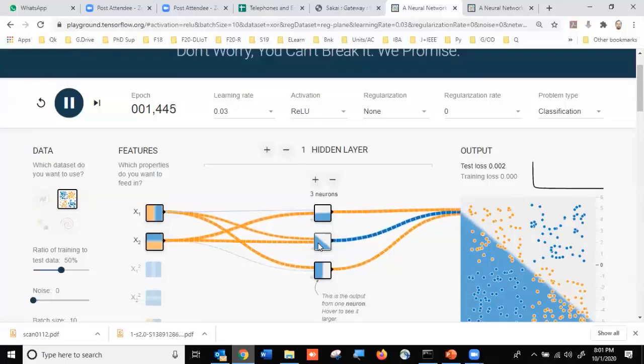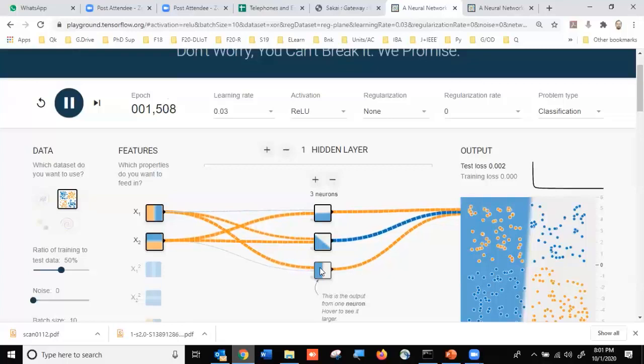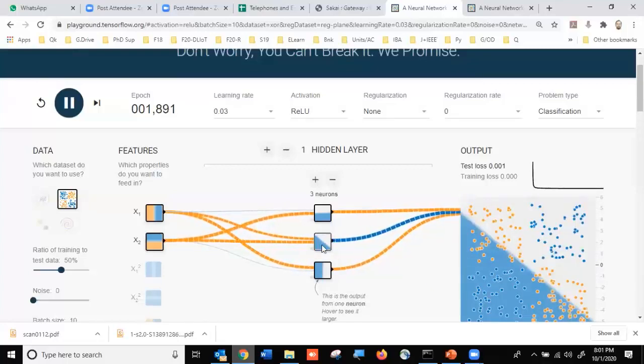So each one of them is picking a separate feature and is saying, well, I can do this. This neuron is saying I can select this particular feature, which separates the left side and the right side vertically. This neuron has selected a slightly different feature. It's saying I can separate them at this angle.